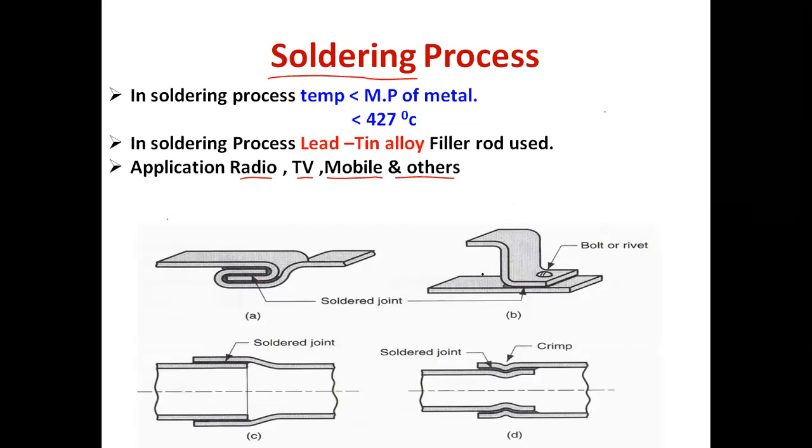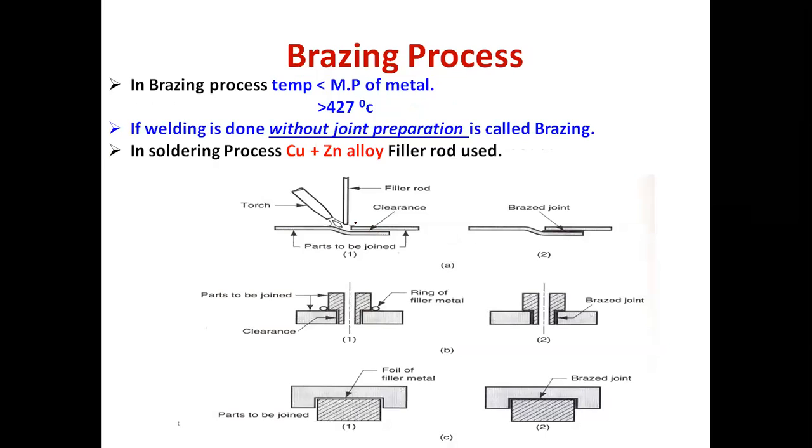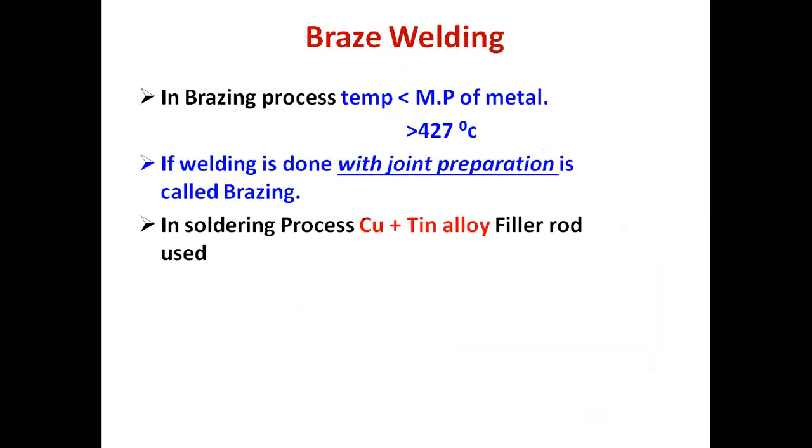Soldering is a joining process where coalescence is produced by heating to a suitable temperature and by using a filler material. In brazing, the joint is produced by capillary action. In braze welding, capillary action does not play a role; the joint is produced by adhesion.